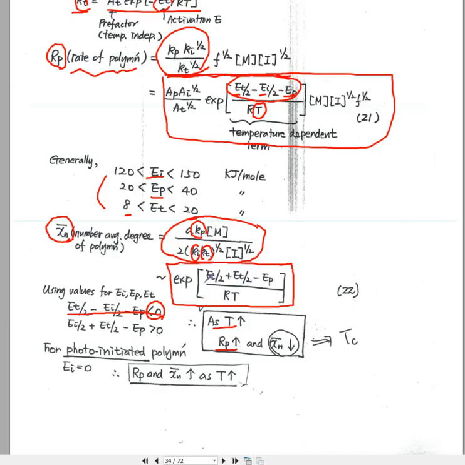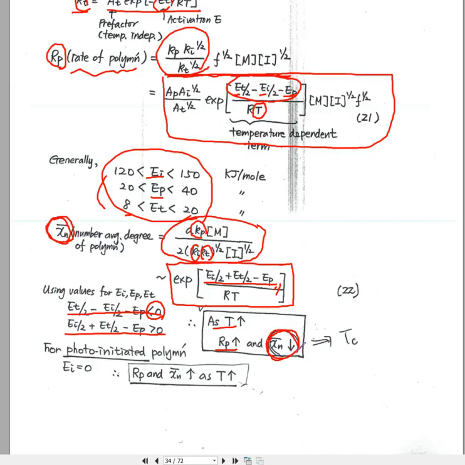And if you also calculate this value based on these numbers, then the resulting value is actually positive, which means that as you increase the temperature in free radical polymerization, the average degree of polymerization, or average polymer chain length, actually decreases.